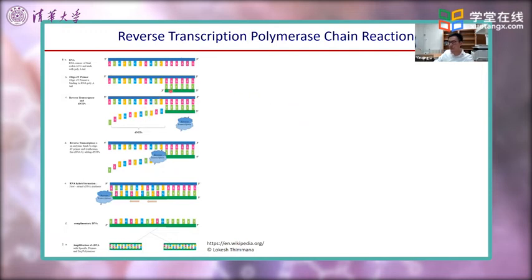So we use something called a primer, which is a short DNA sequence, and it can be chemically synthesized. It binds to the RNA genome, forming base pairing with it, and then we use an enzyme called reverse transcriptase to make the DNA copy, using the RNA genome as a template to form its complement. And this DNA, because its sequence is complementary to the RNA genome, is usually referred to as cDNA.